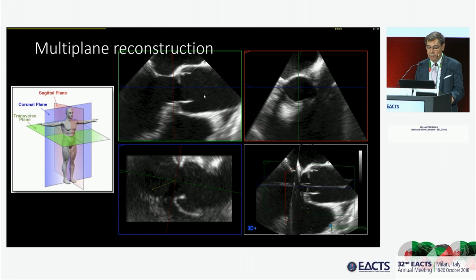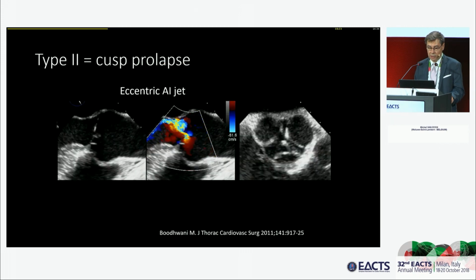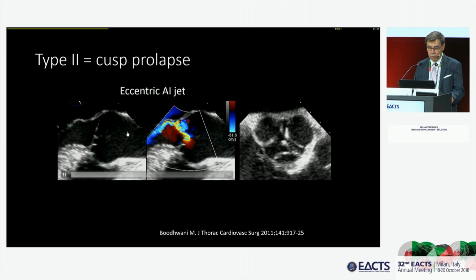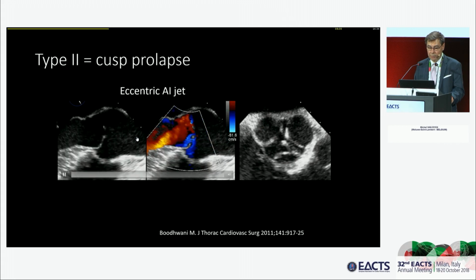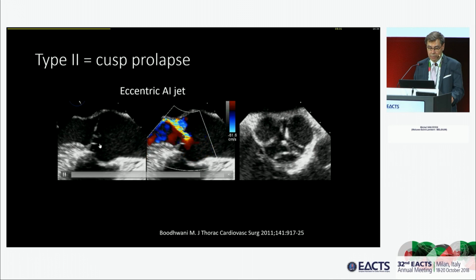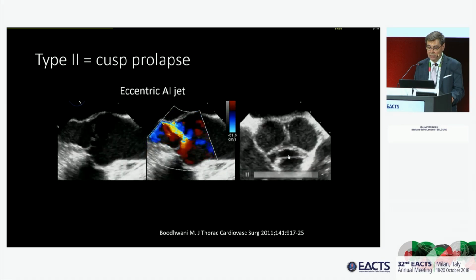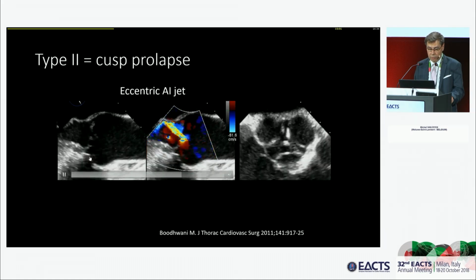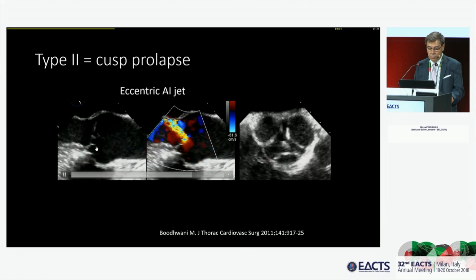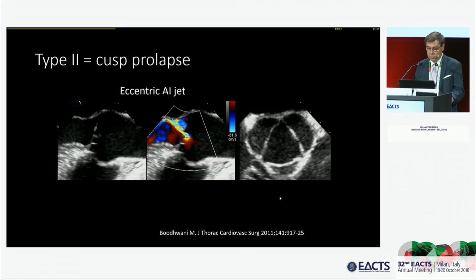Type 2 means that we are facing a cusp prolapse, and a characteristic of a cusp prolapse is that you have an eccentric jet in the opposite direction of the prolapsing cusp, and you have a fibrous band that can here clearly be seen, meaning that there is a prolapse of the right coronary cusp. You can see the band here at the level of the right coronary cusp.